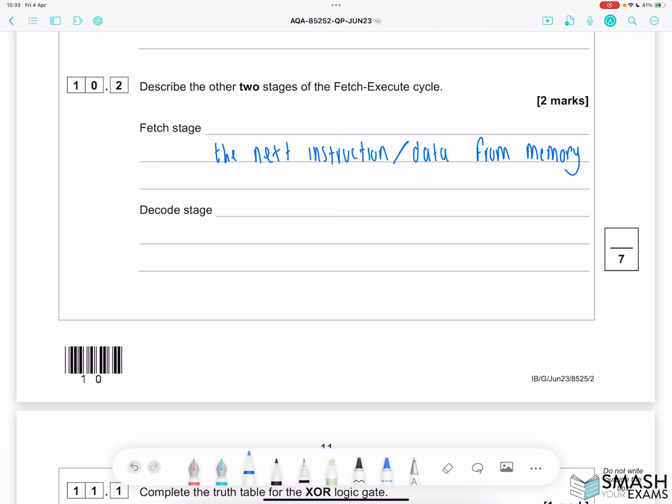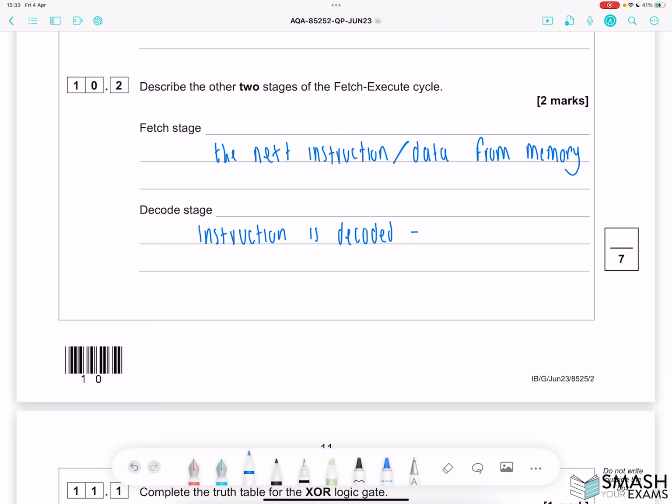Then what happens? The decode stage is the bit where the instruction is actually being decoded. It's figuring out what it needs to do with it. Okay, so the decode stage is just the instruction being decoded. And what does that mean?